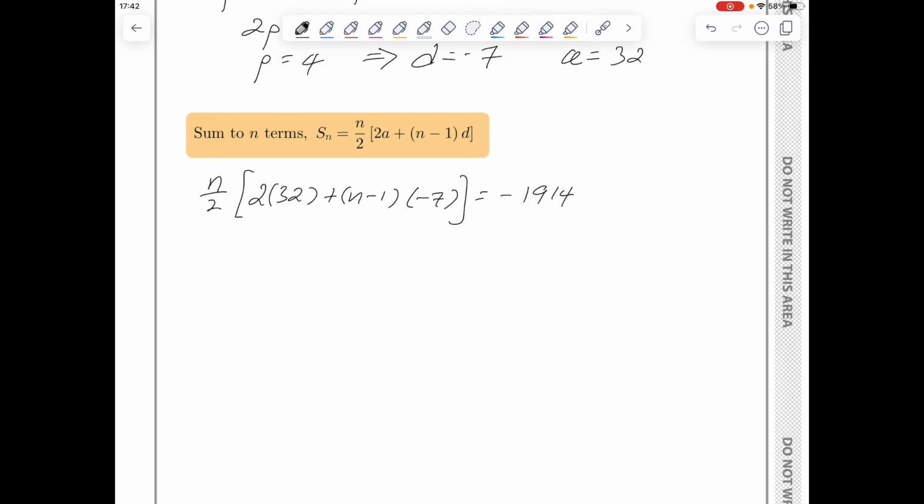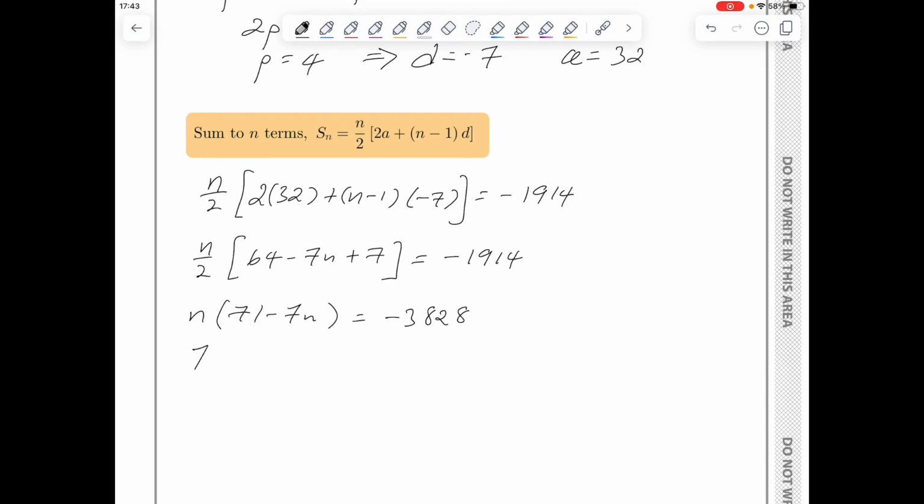Let's simplify what is inside the square bracket. n over 2 [64 minus 7n plus 7] is equal to minus 1914. I'll further simplify the square bracket and also multiply both sides by 2, so I get n(71 minus 7n) is equal to minus 3,828.